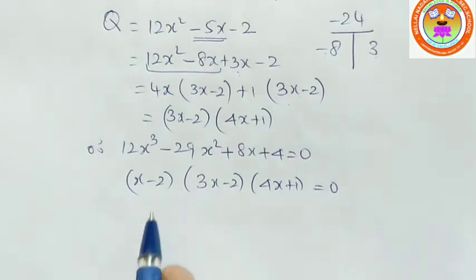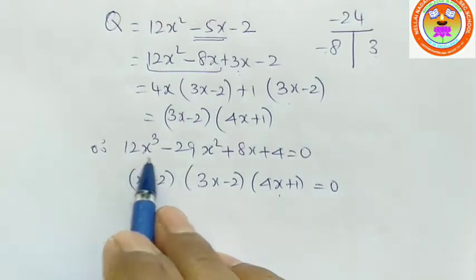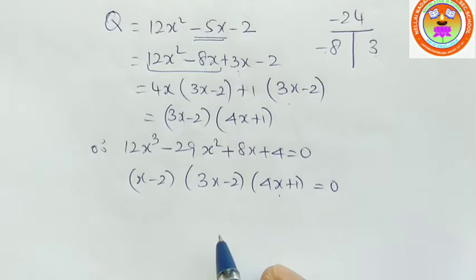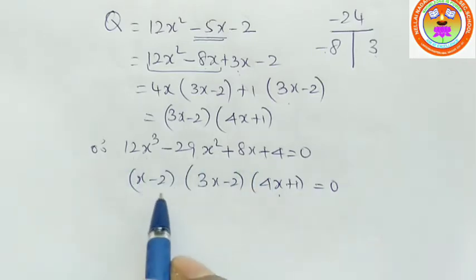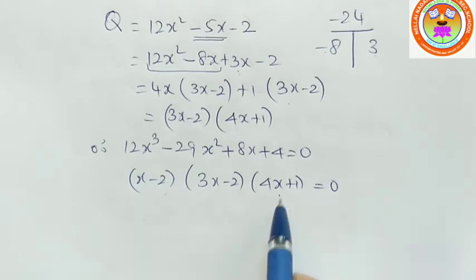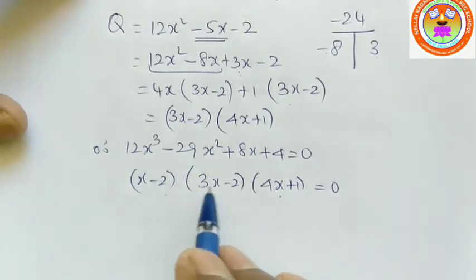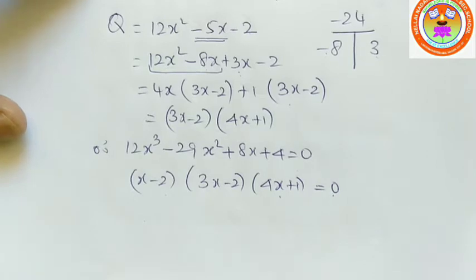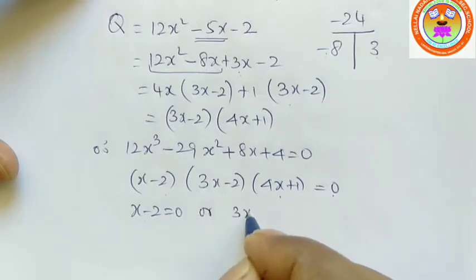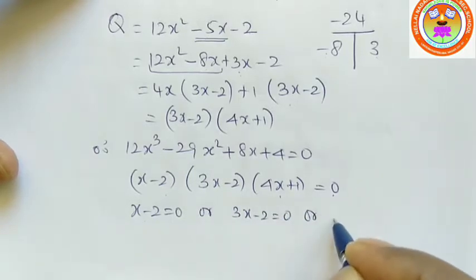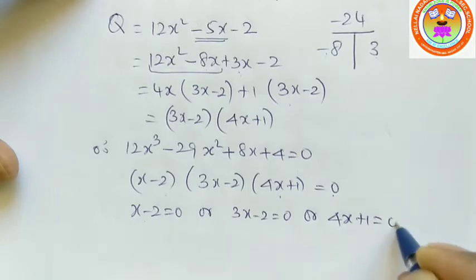When we multiply these 3 factors, we will get the original equation. So we have changed this cubic equation into a product of 3 factors. A product of 3 factors equal to 0 means either the first one is 0, or the second one is 0, or the third one is 0. That means x minus 2 is equal to 0, or 3x minus 2 is equal to 0, or 4x plus 1 is equal to 0.